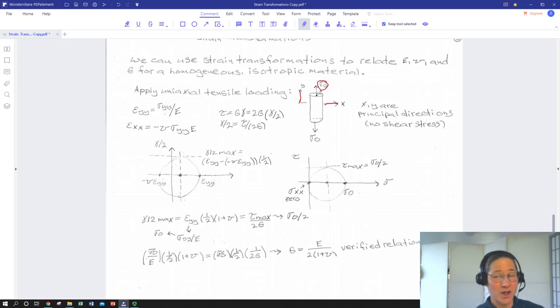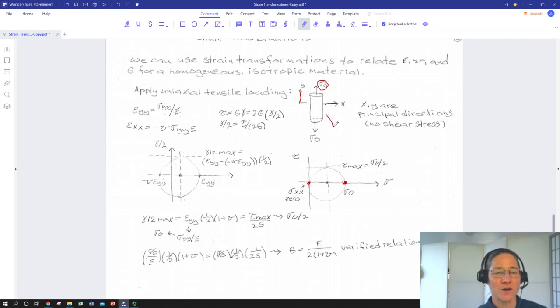Since we're not applying shear, there is no shear stress in the y direction or shear strain. So that is a principal direction, and likewise with x. So we effectively have 2 points on the Mohr circle and the center, because we have those 2 points.